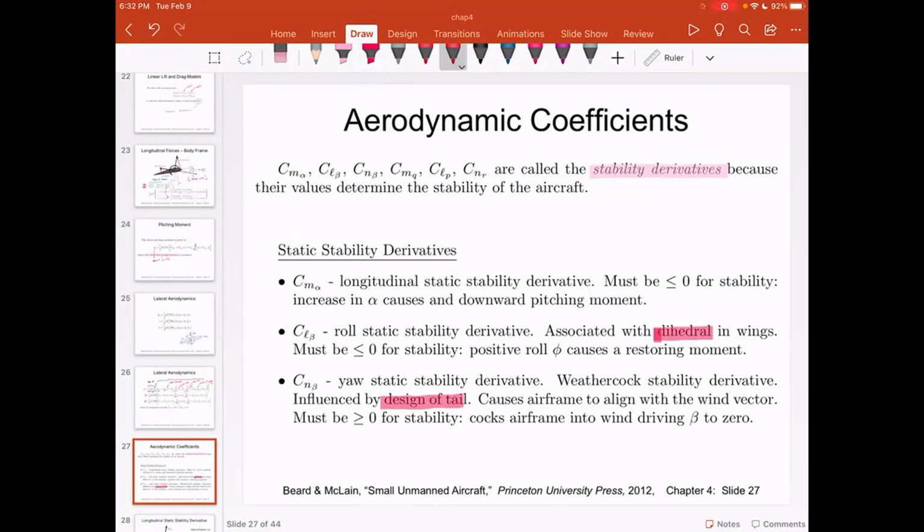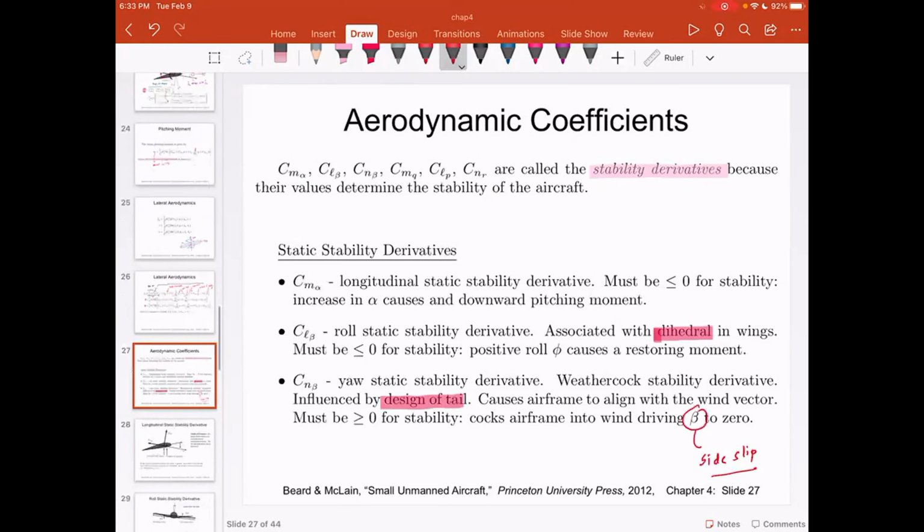So beta is side slip. So the idea is if your CNB is greater than 0, and if you have a sudden increase in the air velocity, that actually increases the value of beta or the side slip. If your yaw static stability derivative is greater than 0, the aircraft on its own will go back to the initial position. And let me show this to you by means of some illustrations.